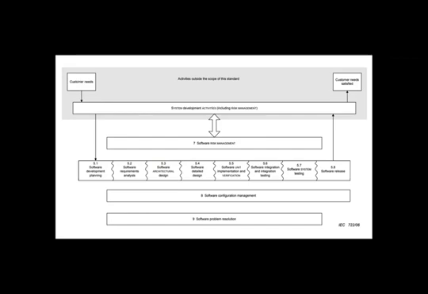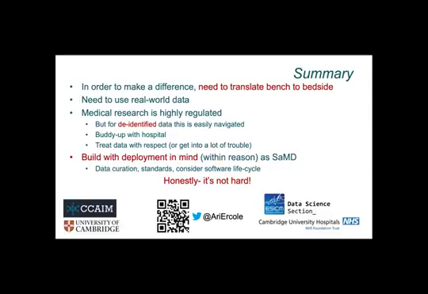Now, as software developers you can't be responsible for the next Python library, but you should be thinking about exactly what Python library version you have tested it on, so that we know that if a Python library changes, we need to go back and think about retesting this, or alternatively lock to a particular library. So those are all the considerations that are really important if we actually want to get an AI model into clinical practice.